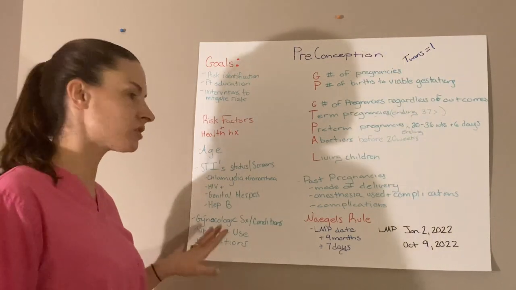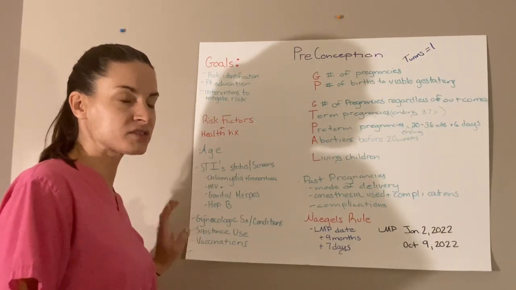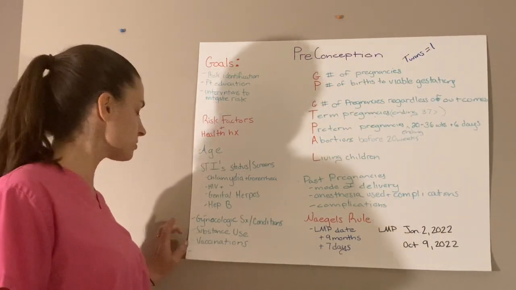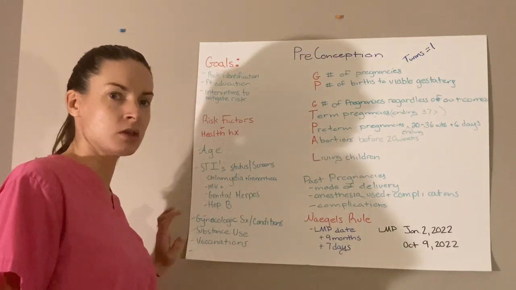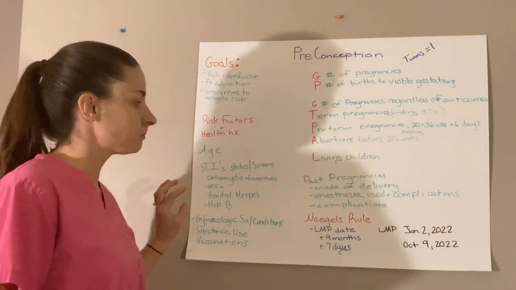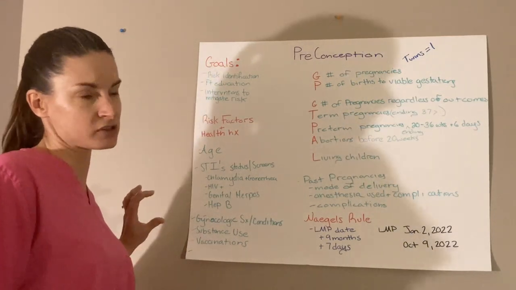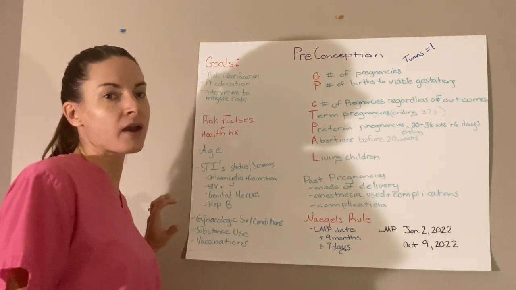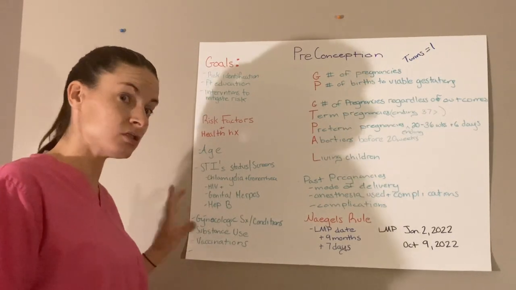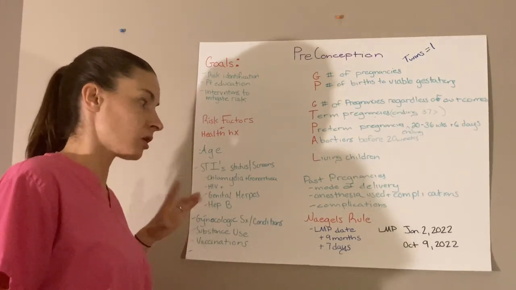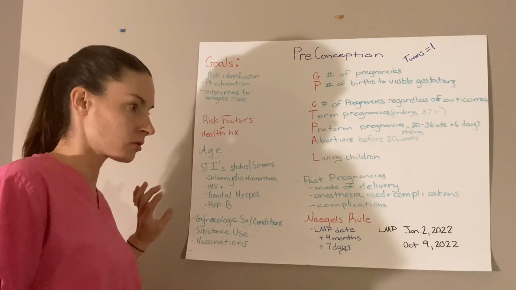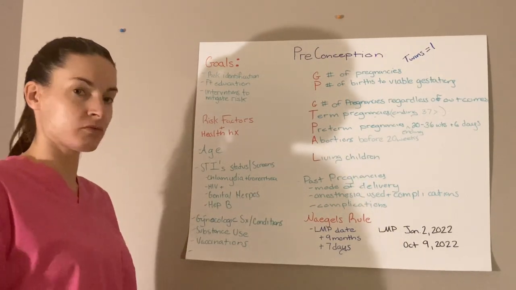You definitely need to get your baseline vital signs. What is their baseline blood pressure, especially because we want to be looking for preeclampsia or gestational hypertension. And if they have a chronic illness such as diabetes, we want to know their A1C, if they had that done with their primary care.